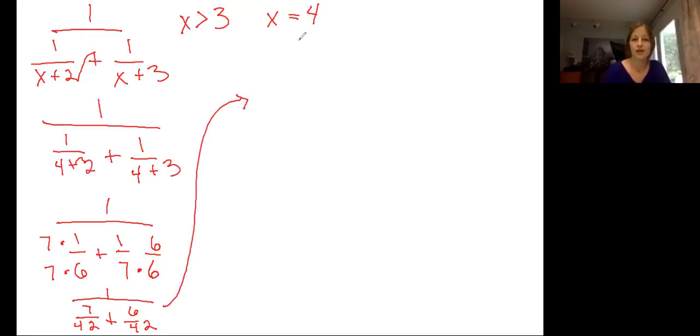So now I can add the fractions because they have the same denominator. When I add fractions, I just add the numerators once the denominators are equal. So 7 42nds plus 6 42nds equals 13 42nds.